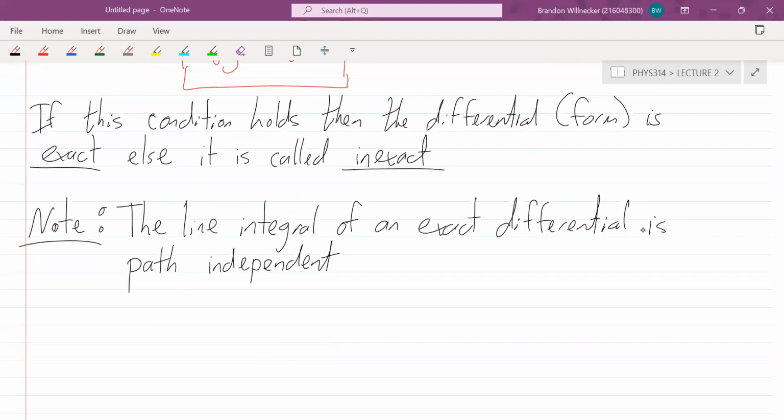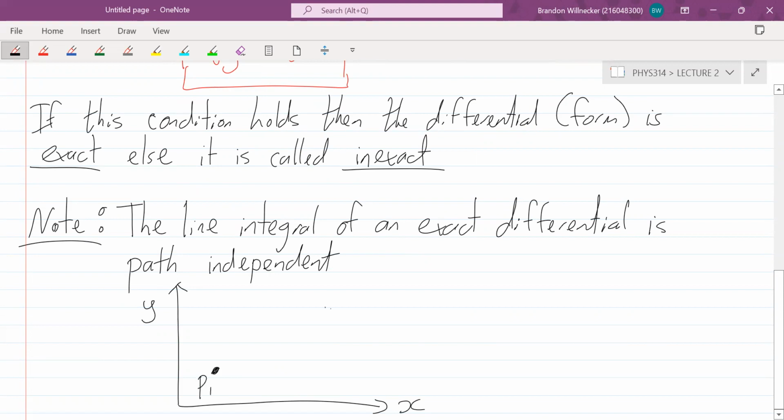Okay, so what do I mean by that? Let's say I'm in the XY plane, and I've got a point P1 and a point P2. They're connected by some curve gamma, like that.